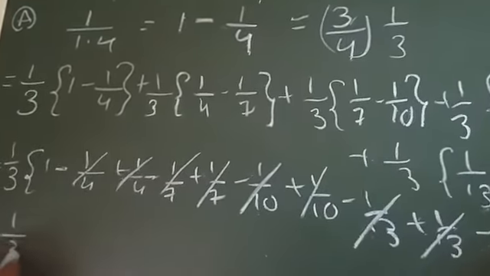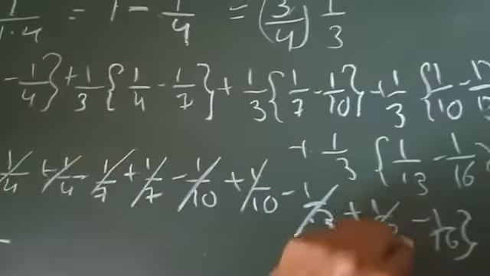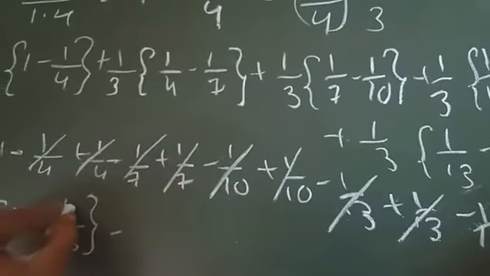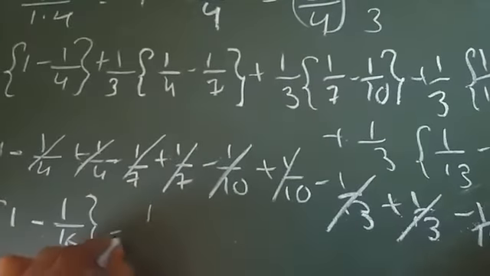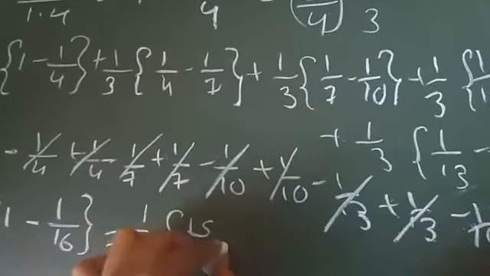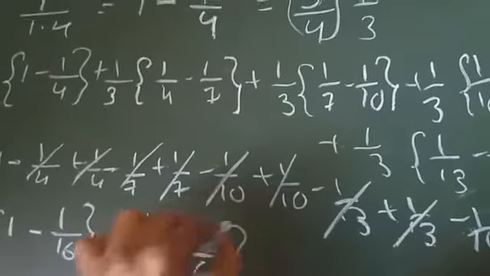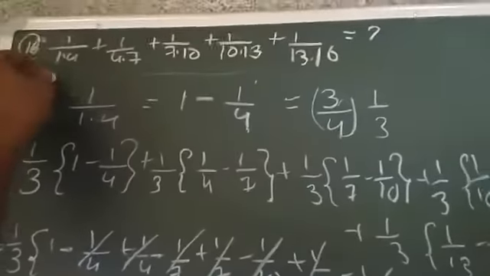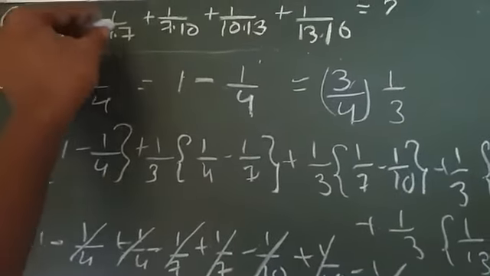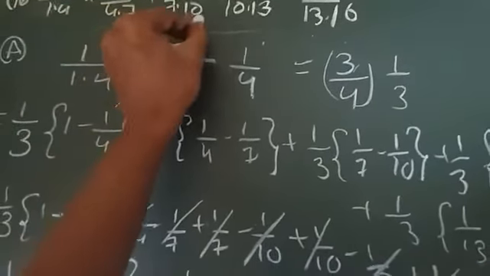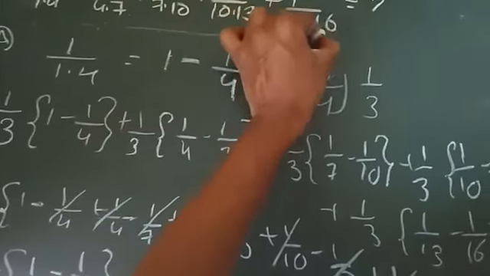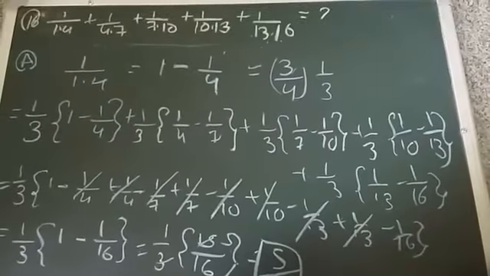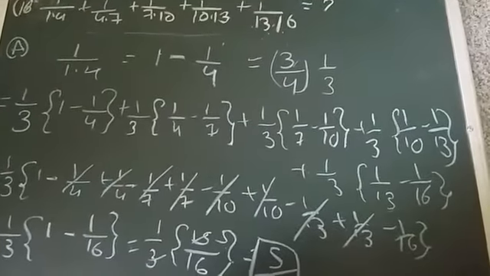So the remaining terms are 1 minus 1 by 16. 16 minus 1 is 15. So 1 by 3 into 15 by 16. 3 fives are 15, so 5 by 16 is the answer. The sum 1 by 1 into 4 plus 1 by 4 into 7 plus 1 by 7 into 10 plus 1 by 10 into 13 plus 1 by 13 into 16 is 5 by 16. I hope you understood how to calculate the answer.